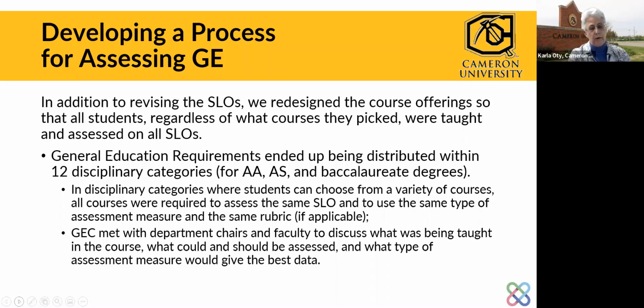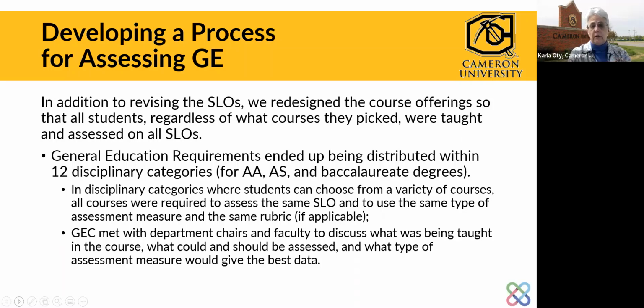That was actually one of the suggestions we had from our HLC peer reviewers: we were doing totally different things in different courses, and there was no way to get a comprehensive view in terms of how our students were learning. And that was some of the comments that were put in the challenges, I think, that we saw there. So it really was, if you want to be a general education course and you want to be in this disciplinary category, you must agree to use this type of assessment measure and rubric if applicable.